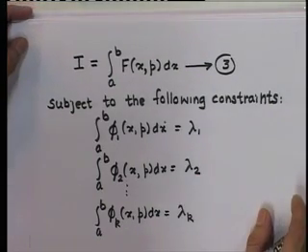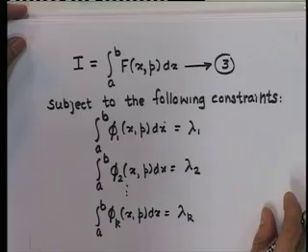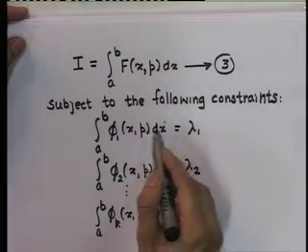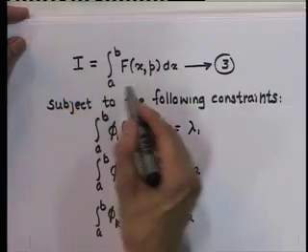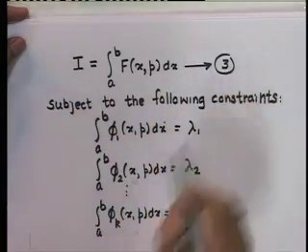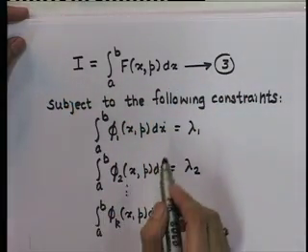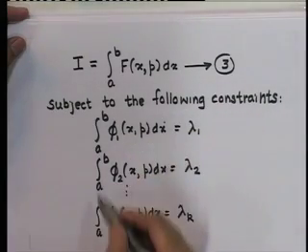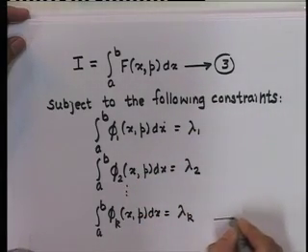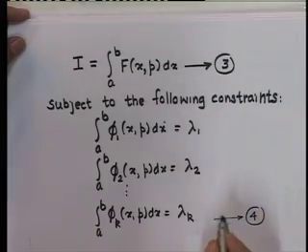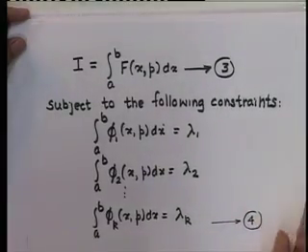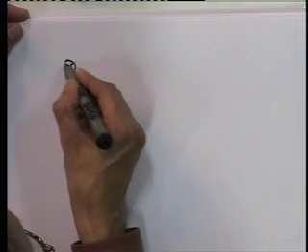Now, the result from the calculus of variations states that the form of P(x) that maximizes I in equation number 3 with the constraints in equation number 4 is found from the solution of the equation given as follows.